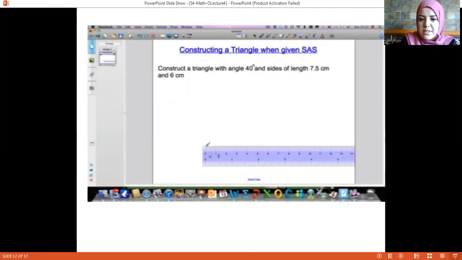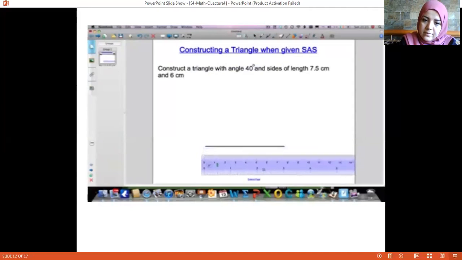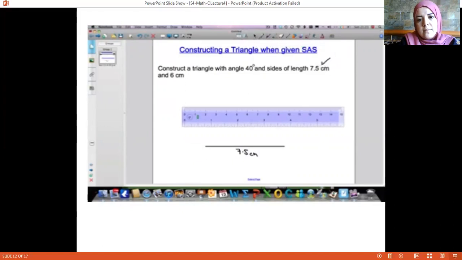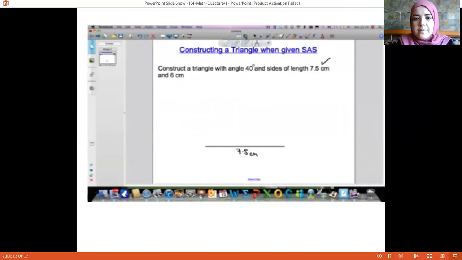So first draw the first line, 7.5, using a ruler. So we need to use a protractor, of course.